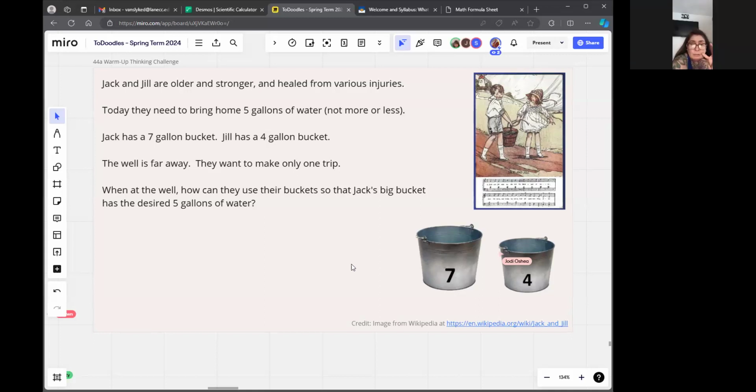So they need only 5 gallons. They can have the 7 gallons, and they can help each other with 5 gallons of water. If they could fill up 7 all the way, but then they're carrying too much. Right, they're trying to make some giant stew or something where they want just 5 gallons. And that's what their parents sent them to do.